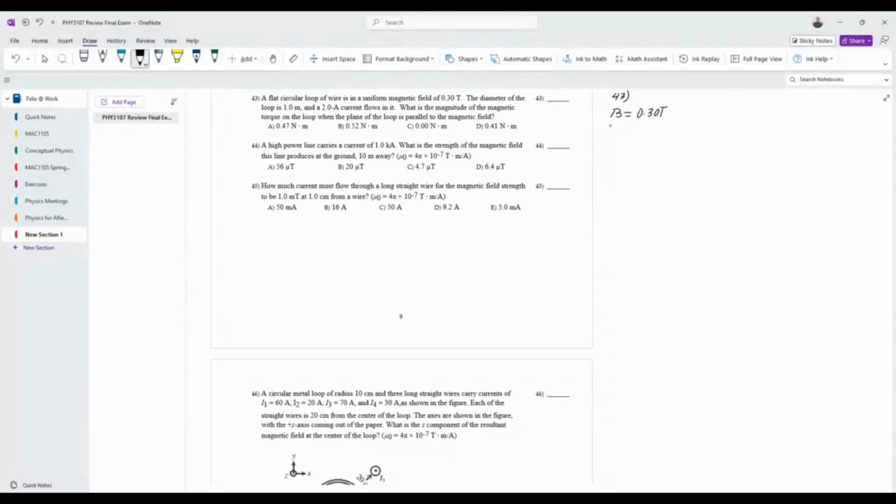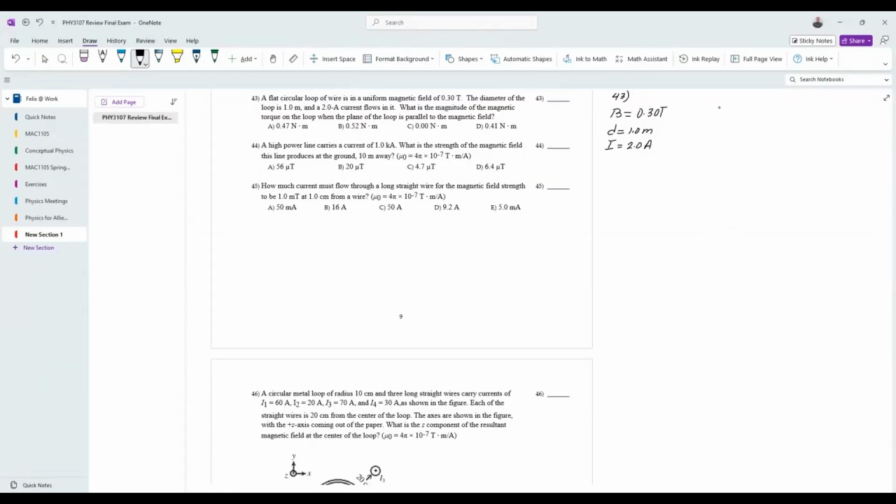We know the diameter of the loop, which is 1 meter. And we know the current that flows through this loop, that is 2 amperes. What else do we know? We know that the plane of the loop is parallel to the magnetic field.